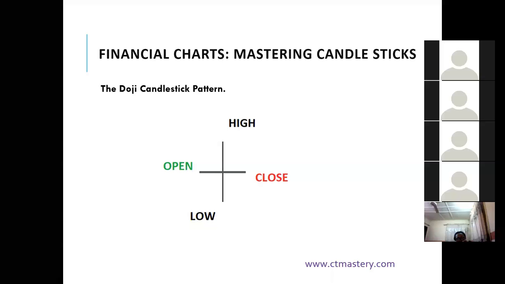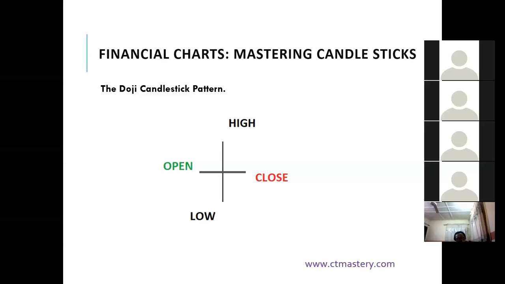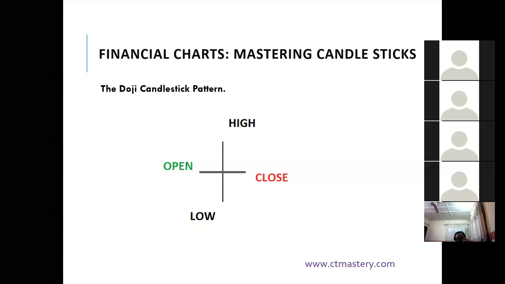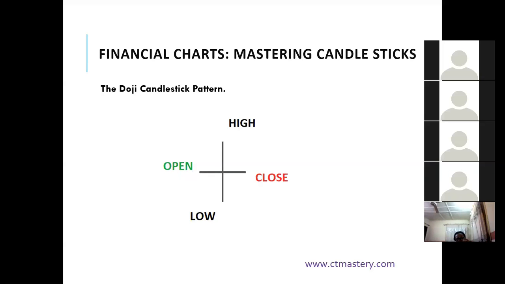And if this occurs at the top of an uptrend or a key resistance area, it means that the trend is expected to change to the downward direction. If it occurs at the bottom of a downtrend or a key support area, it means that the market is going to change to an upward direction.